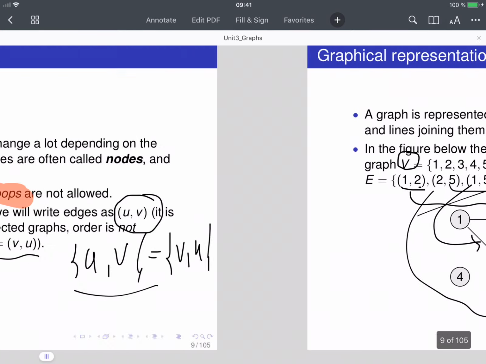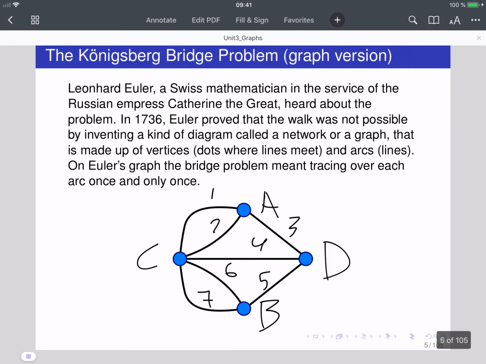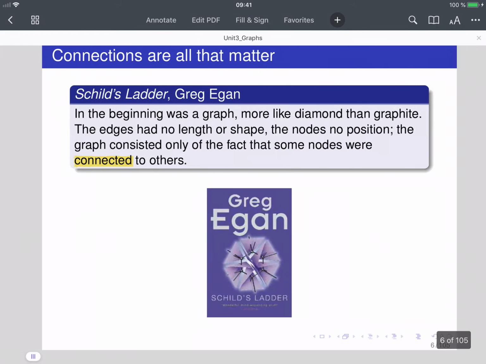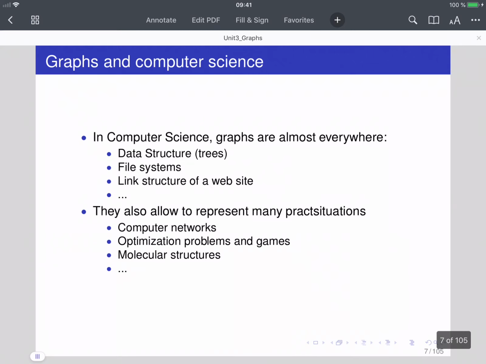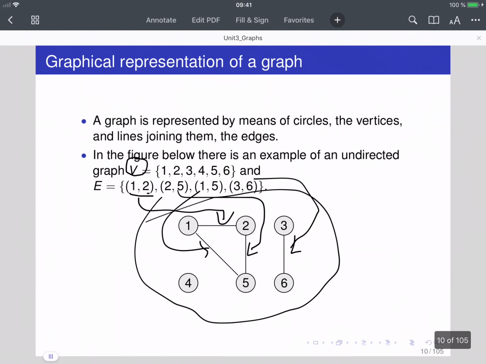And that is exactly the situation that we had in the Königsberg problem, because we had more than one bridge between, for instance, island C and the riverbank A. Okay, so although we are not focusing on multiple graphs, we are going to use them in some situations, for instance, in order to solve the Königsberg bridge problem.